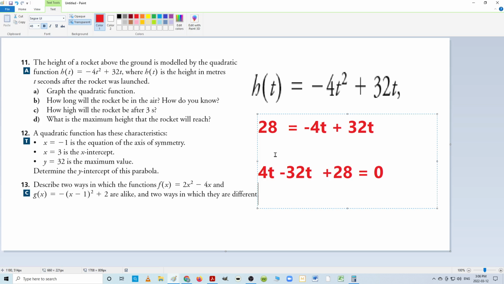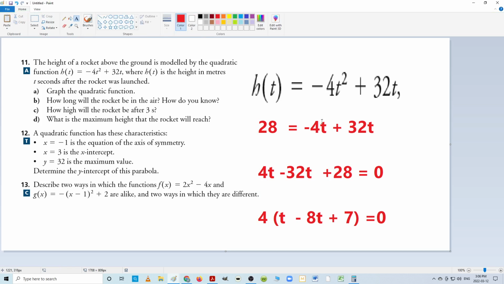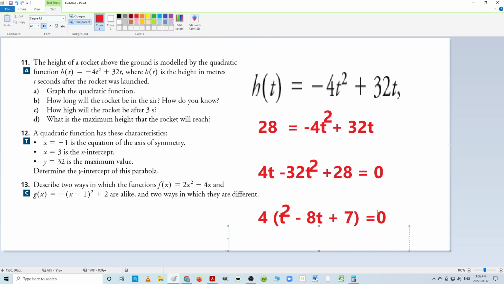Quickly, I can factor out a 4 out of everything. So I got this. And just remember, this is t squared, this is t squared, and this is still t squared. And then I can quickly see my factors here are going to be t, let's see, what adds up to 7 and reaches minus 8.